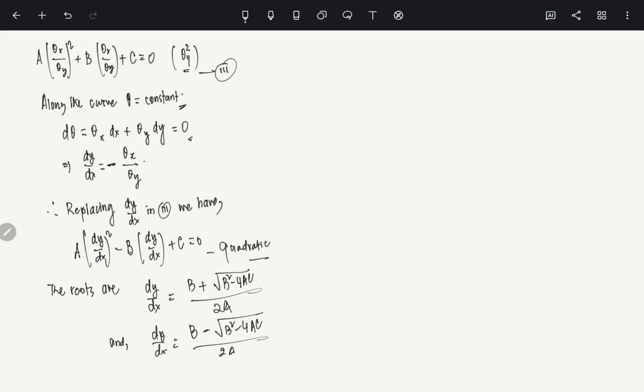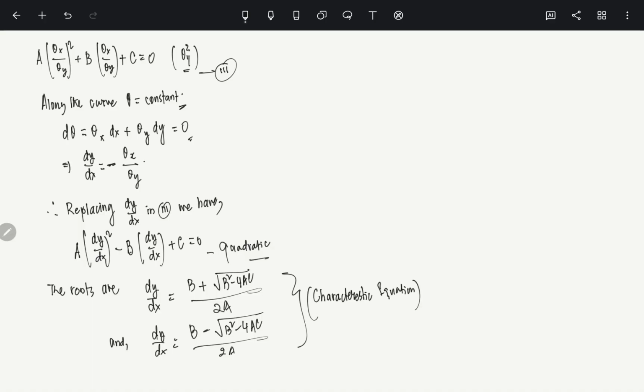Those are the two roots. All of this is true along the curve theta equals constant, and these two equations are called the characteristic equations. Please don't get confused with the characteristic equation of first order. This is basically the same sort of thing.